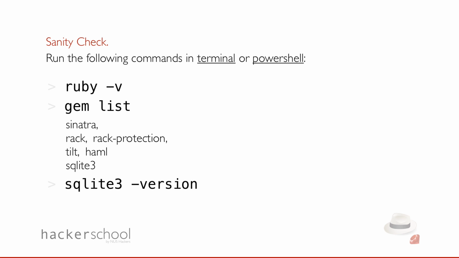Great. So before we move on, let's do a sanity check. I want you all to fire up your terminal or PowerShell, which shall henceforth be called the shell, depending on what operating system your computer is running, and run the 3 commands in bold you see on the slide. It should be fairly straightforward and obvious if they work.